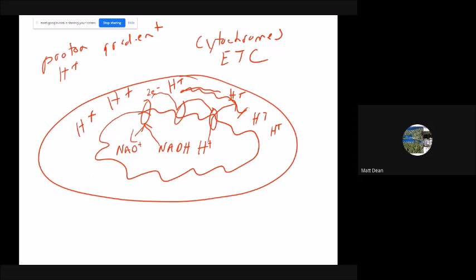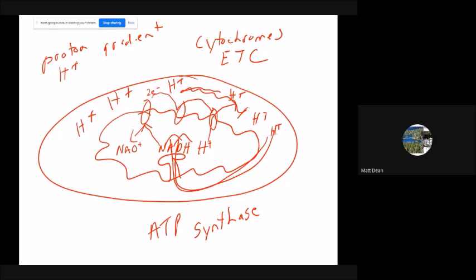But there is a way in, and that way in looks sort of like a little mushroom, and it's an enzyme and a channel protein. It's called ATP synthase. H pluses will shoot through that ATP synthase with lots and lots of kinetic energy.